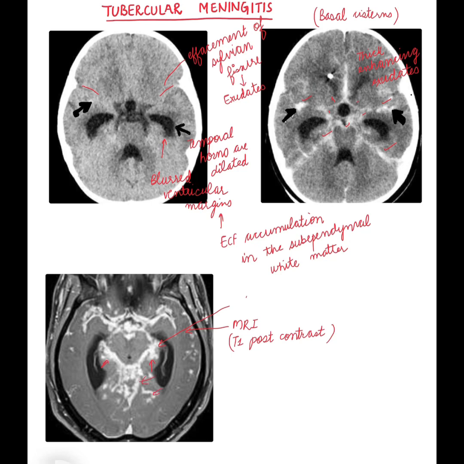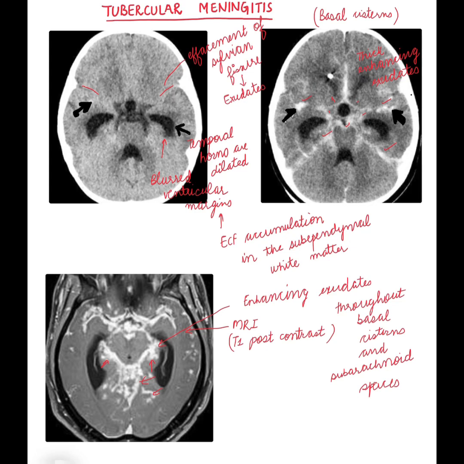So you can see enhancing exudates throughout the basal cisterns and subarachnoid spaces. The other finding you have seen, these ventricles are dilated.